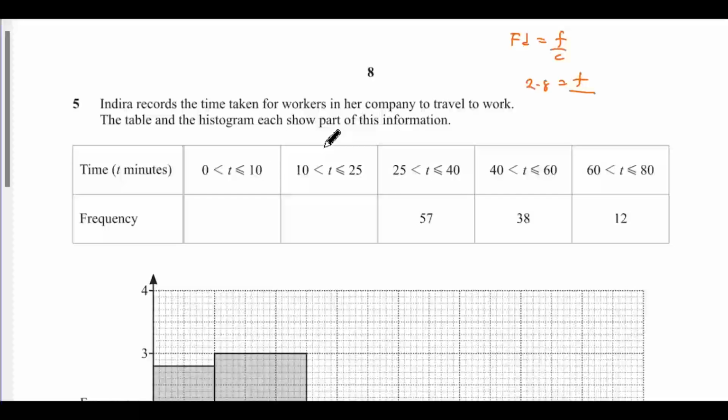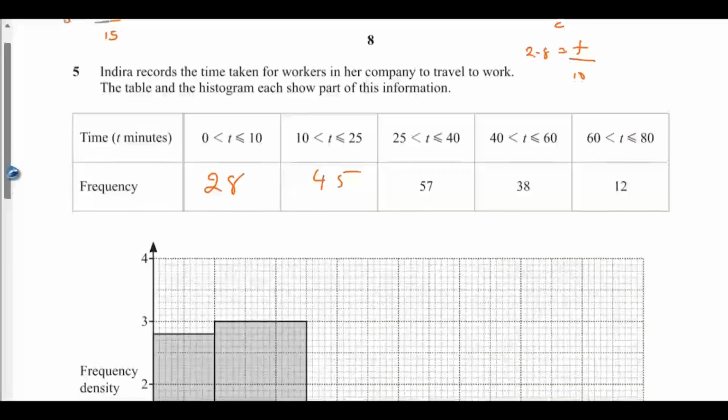That will be 10 minus 0, that will be 10. So the frequency is 2.8 times 10, so you have 28 here. For the second one, the frequency density is 3. So we have 3 equals frequency over the class size, which is 15. So F equals 45. So you have 45 here. Okay, then we can now complete the histogram.